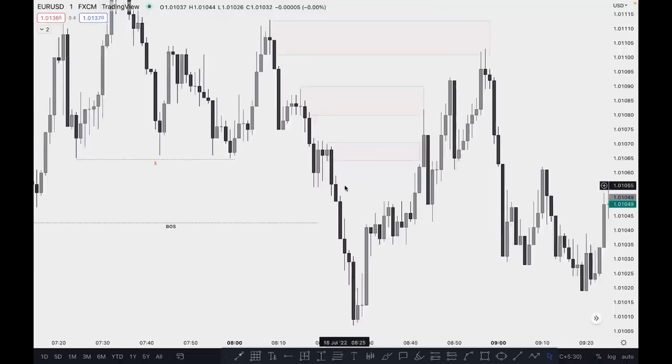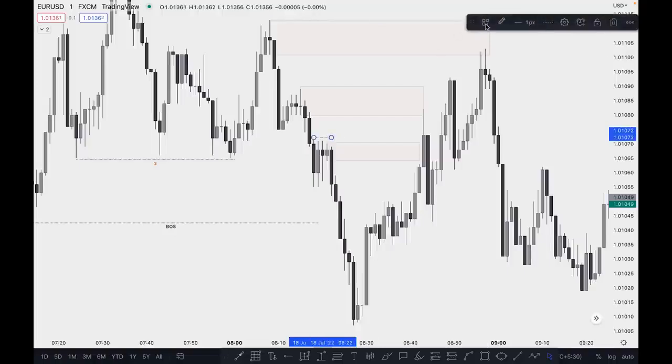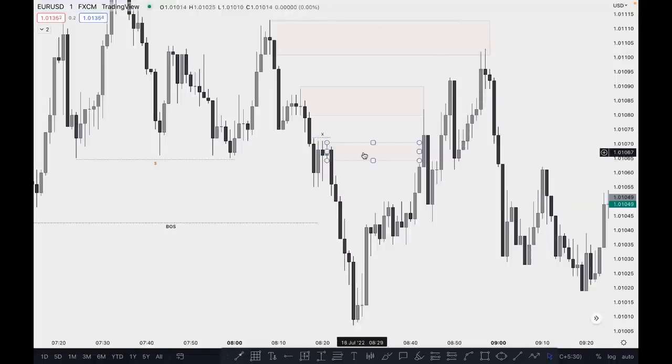As I mentioned at the start, an order block must take out a high or low to become a high probability order block. You can see the market did not take out any high, where the actual high is here. The market did not take out any high. Then this order block was created, and this is a low probability order block.